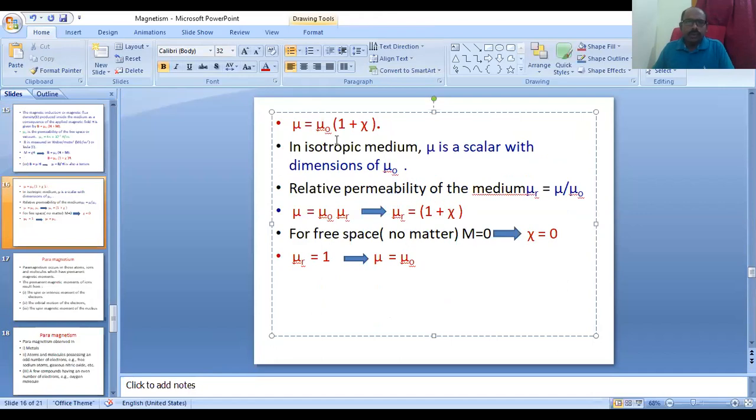Mu is equal to mu naught into 1 plus Xi only. So as we studied just before, mu is a tensor.